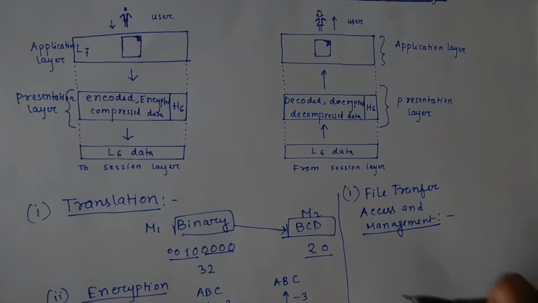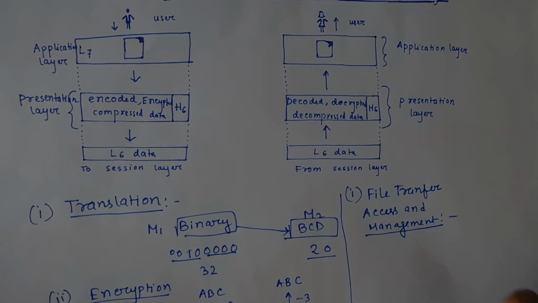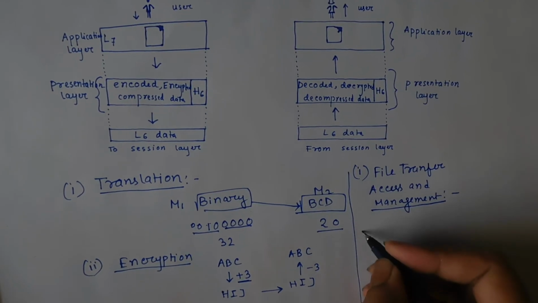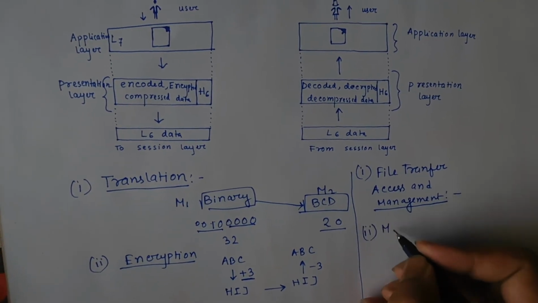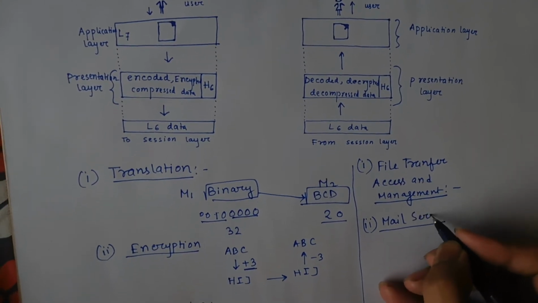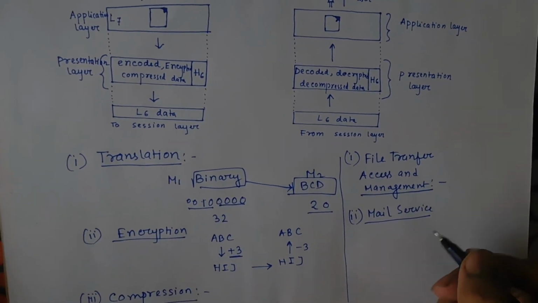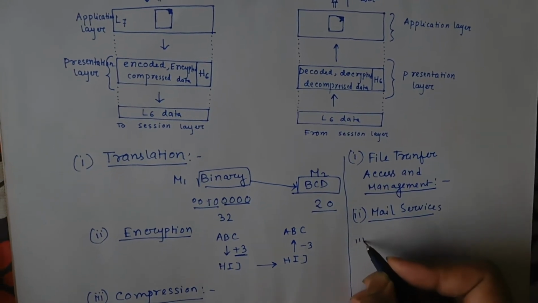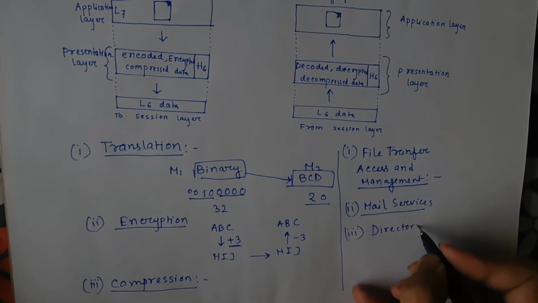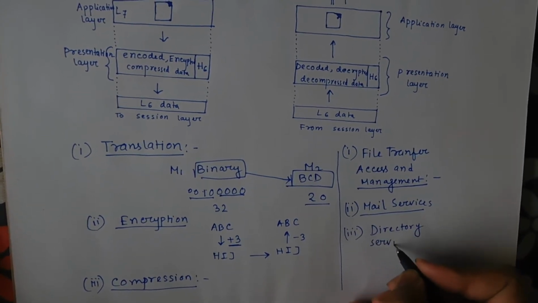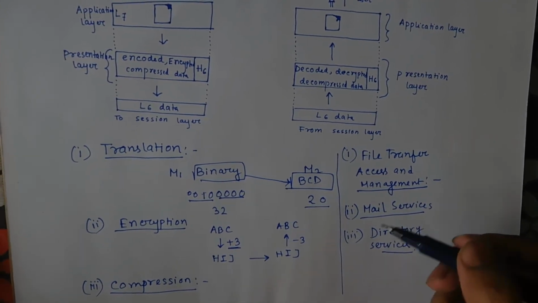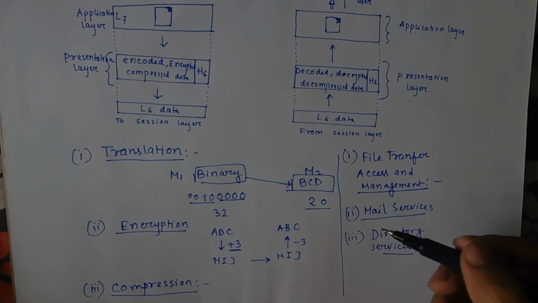So the application allows the user to access, retrieve and control a file on a remote computer. Also it helps to send a mail or store it. So this is called mail services. And lastly, directory services. The application layer provides distributed database sources to access global information.